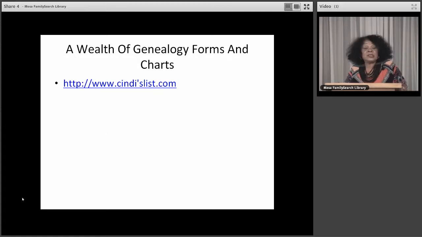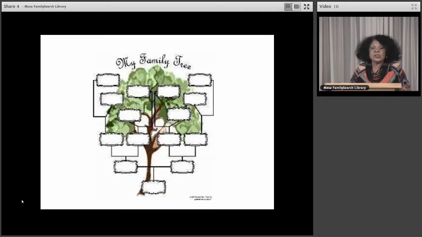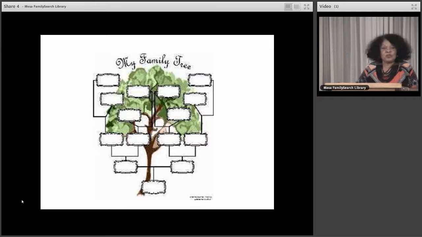Cindy's List is a good site for free forms. You can get blank census forms. You can get pedigree charts. You can get the wheel charts if that's what you prefer, and they're all downloadable for you. This is one of the fancier, cute little charts.